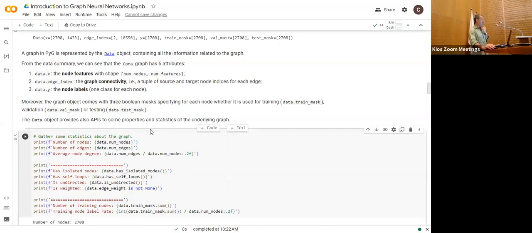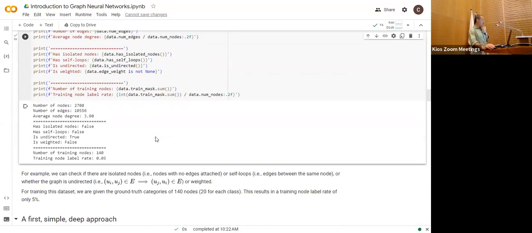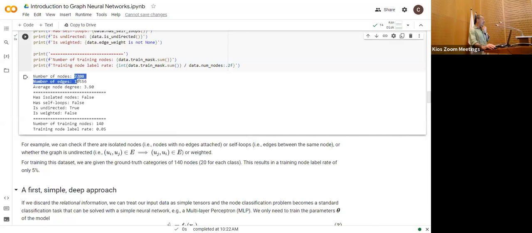Some statistics related to the graph. Okay, so basically, the number of nodes, the number of papers, is 2,700. The number of edges is more than 10,000.